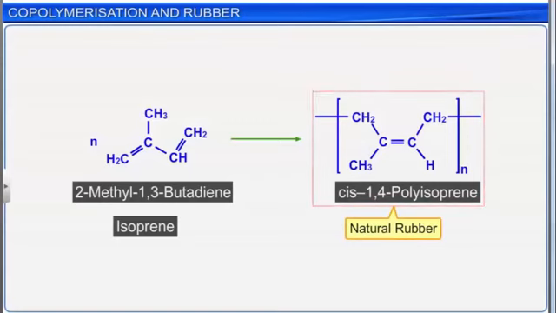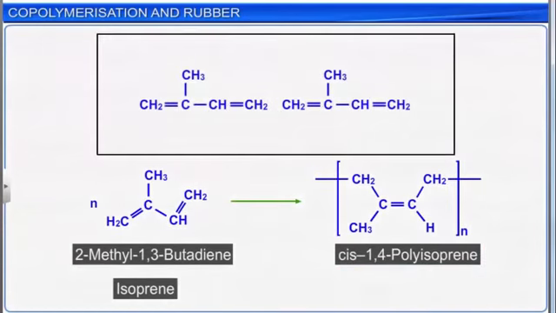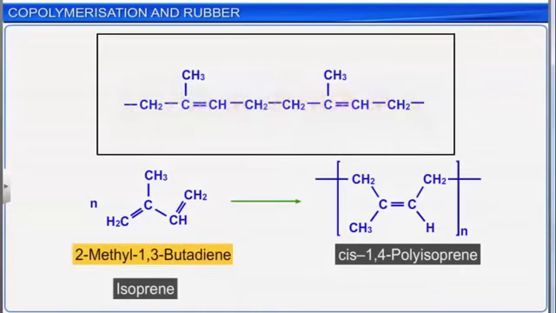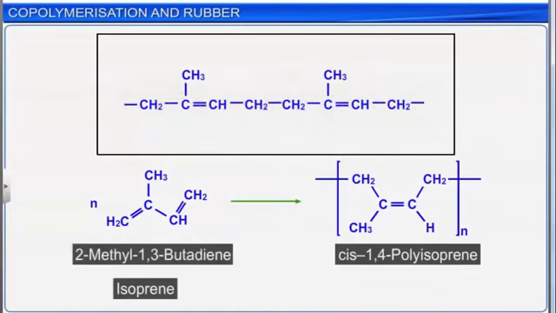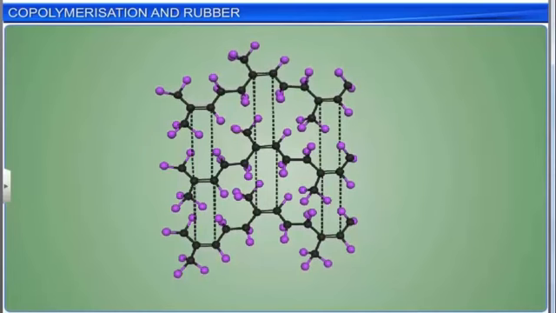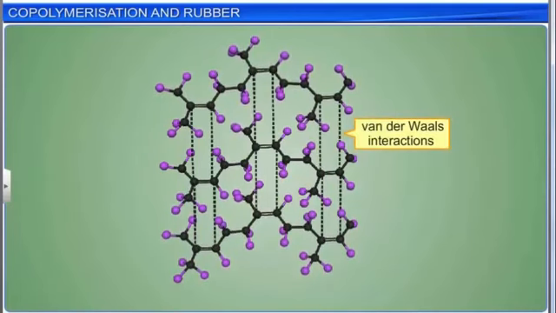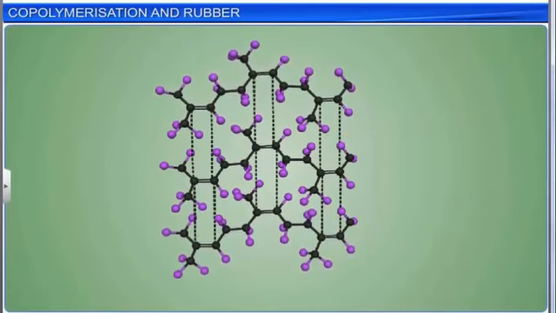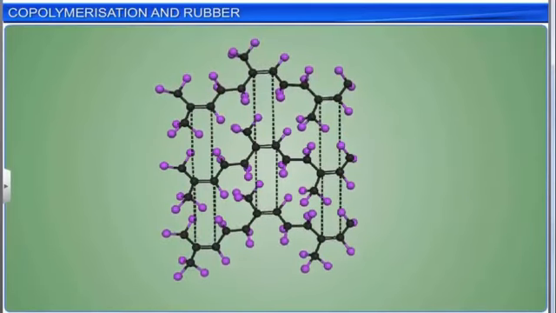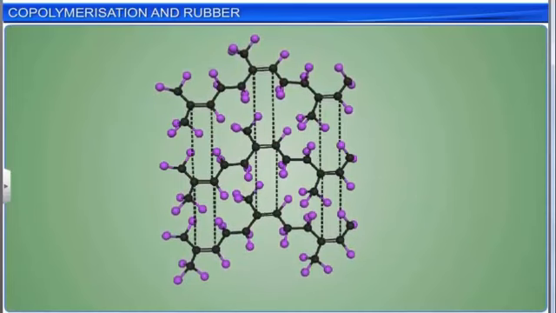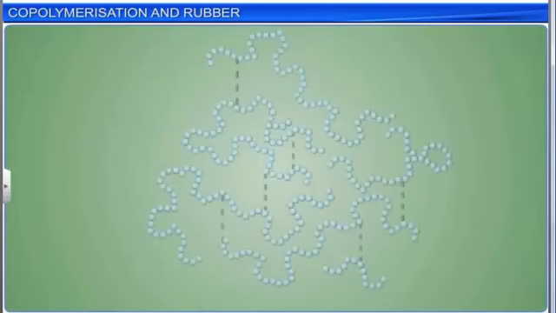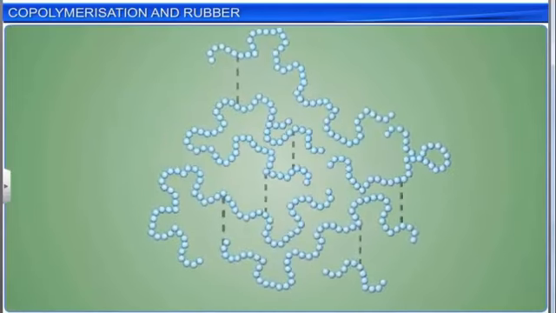Thus, natural rubber is a linear polymer of 2-methyl-1,3-butadiene. The chains are held together by weak van der Waals interactions, and hence it is elastic and non-crystalline. The polymer chains form a coiled structure.